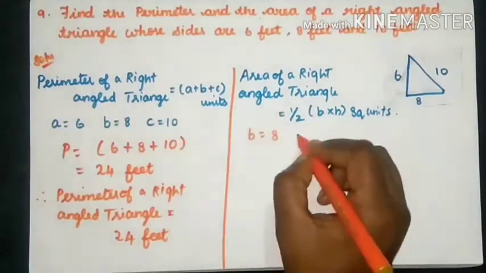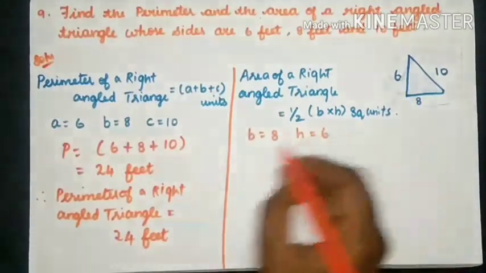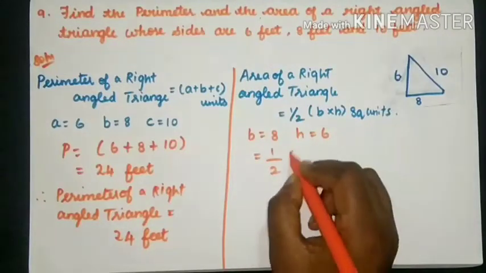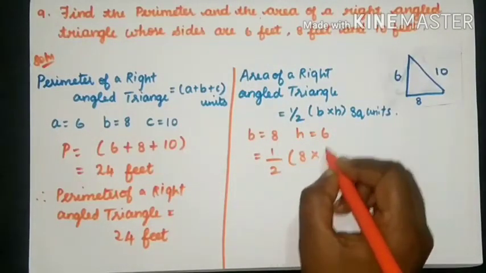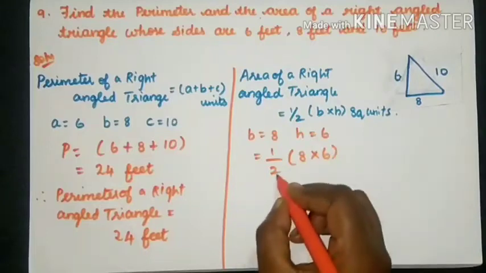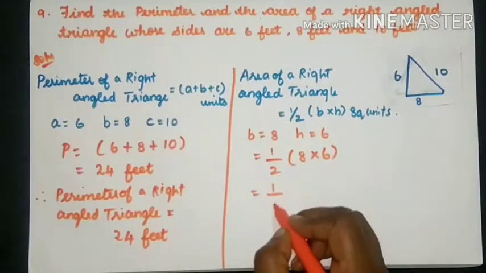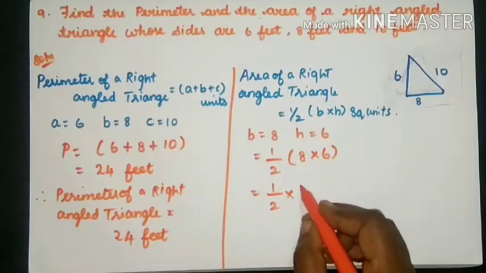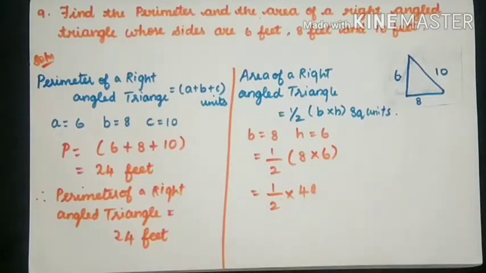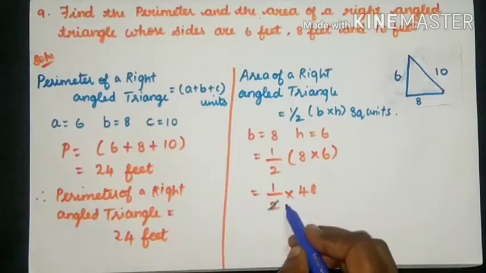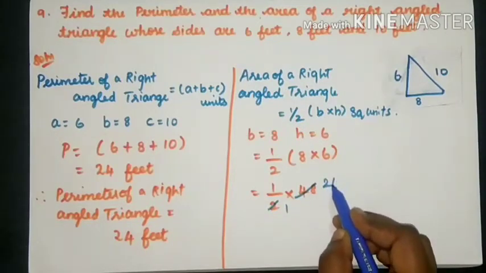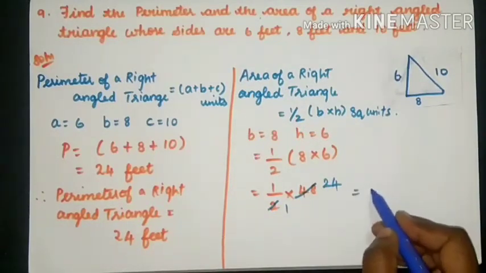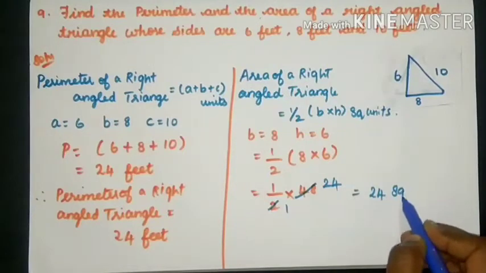B equal to 8 and H equal to 6. 1 by 2, base equal to 8 and height equal to 6. 1 by 2 into 6 8s are 48. And then we can cancel with 2. 2 1s are 2, 2 24s are 48. And the answer is 24 square feet.